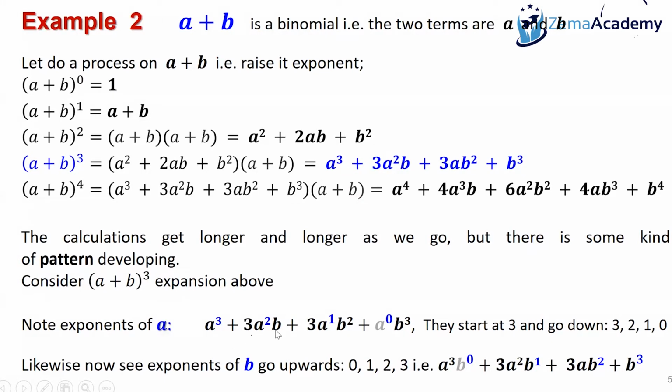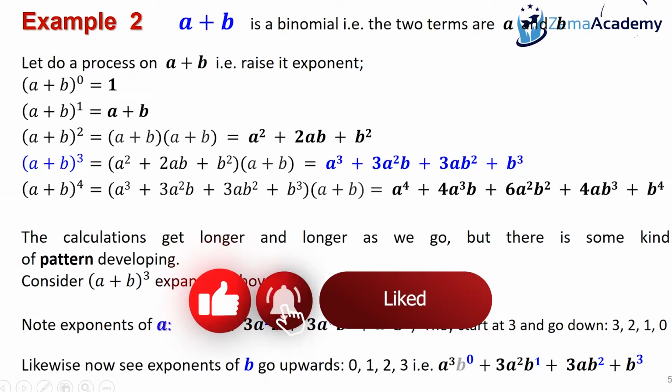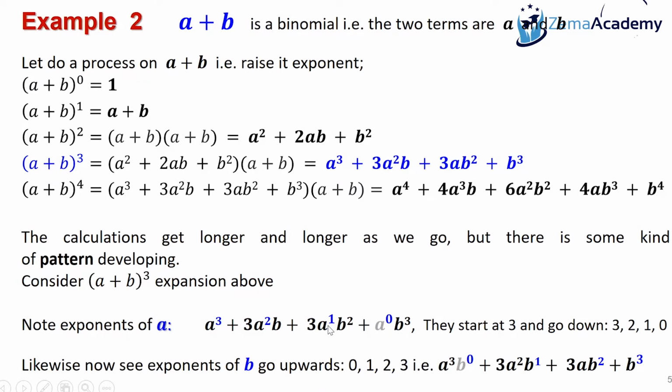But here you can see one thing, that is, in the first case, 3a square b, I have written as it is. With the second term, 3a to the power 1. So this a to the power 1 was not written in above. But now I have written this 3a to the power 1. And there is a reason to that I'll show you in the next couple of slides.